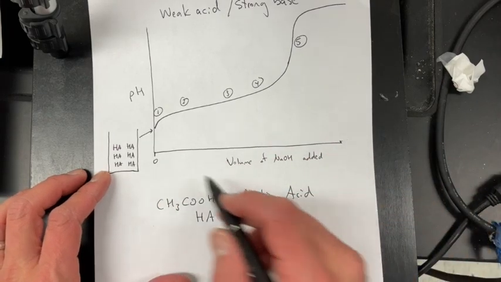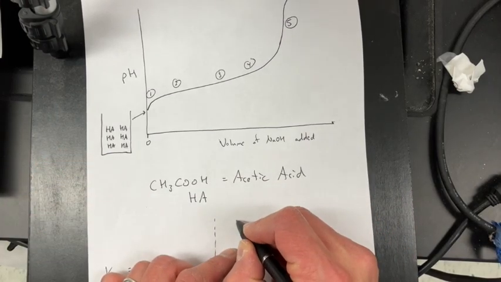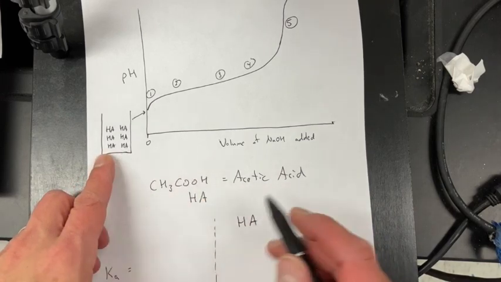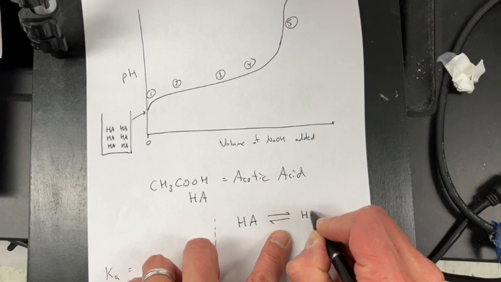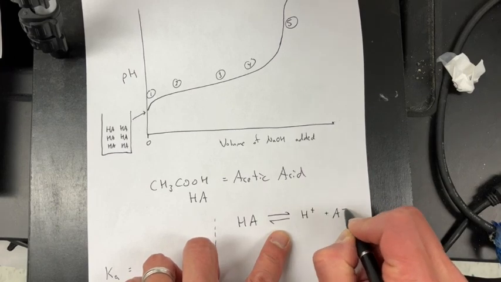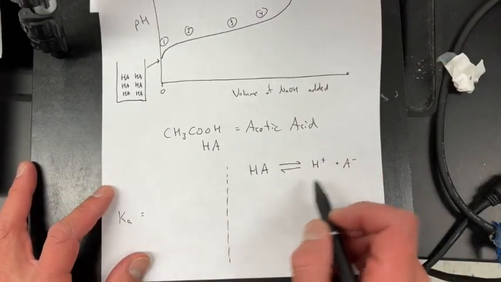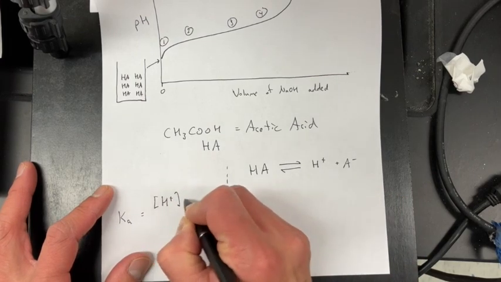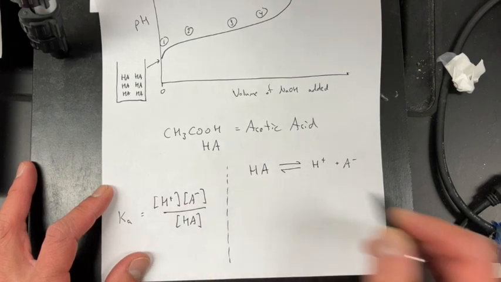And this weak acid, as we've talked about in this class, we have HA, and if it's sitting here, not reacting with anything, it's going to be in equilibrium, and that's going to break up into H plus and A negative. So my Ka for this, remember my equilibrium constant is going to be products over reactants, so H plus, A negative, all over HA. Okay.